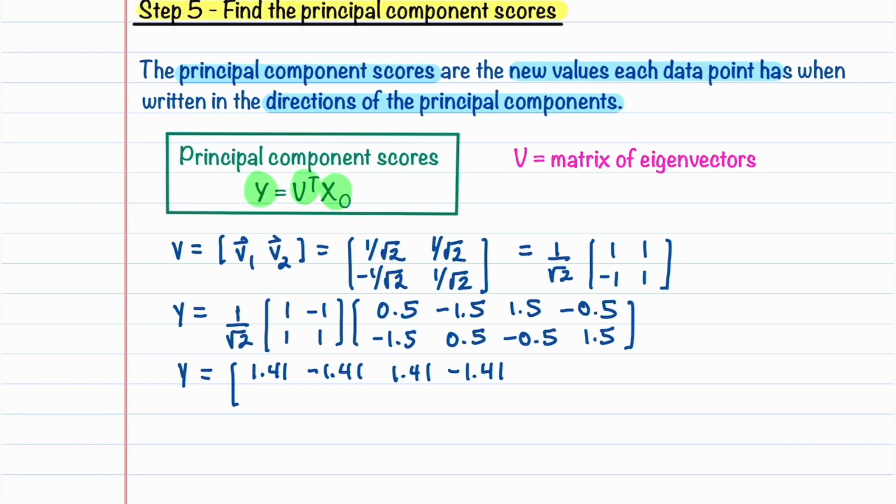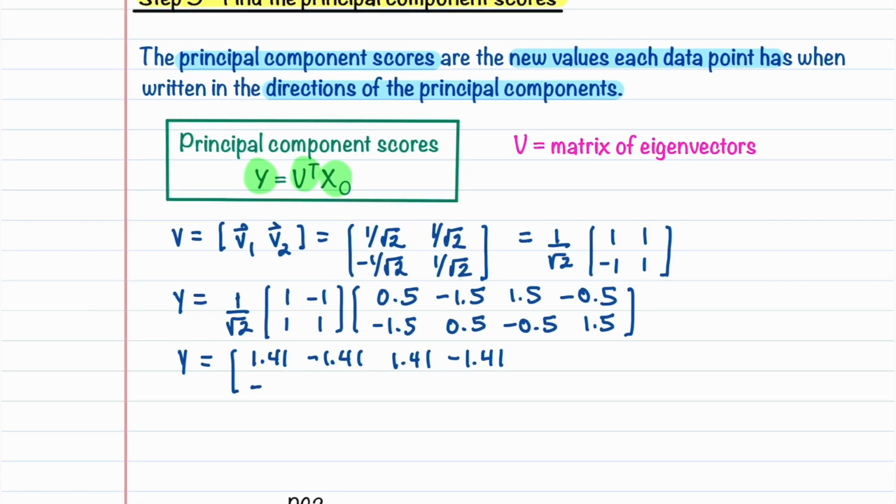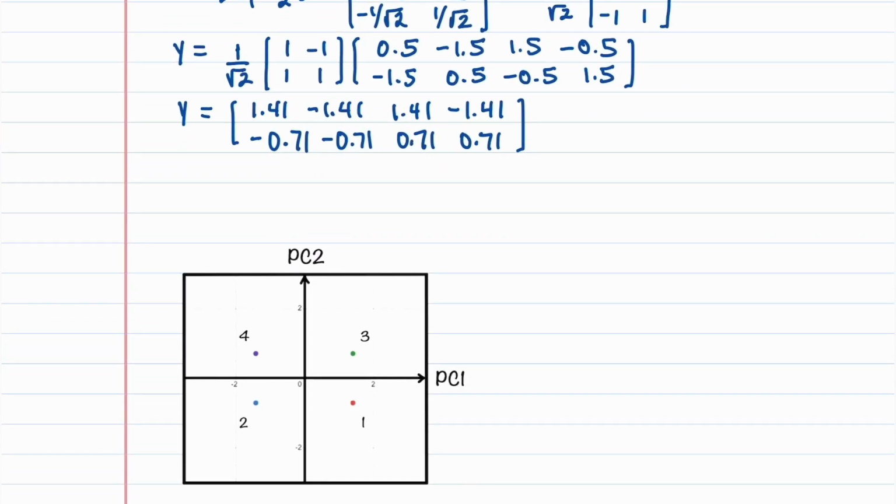I know this example is pretty simplistic, but I think by looking at a simple example, it really helps you understand PCA. The first row of matrix Y contains the PC1 scores, and then the second row contains the PC2 scores.